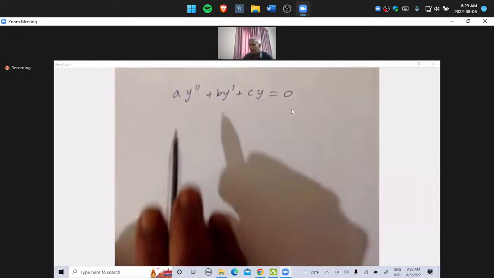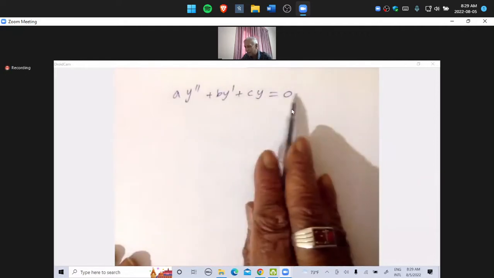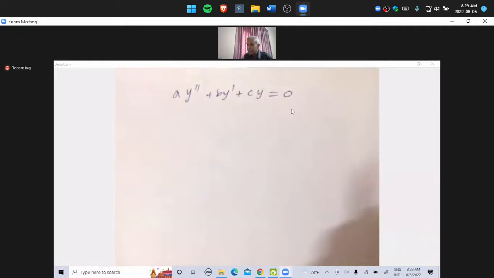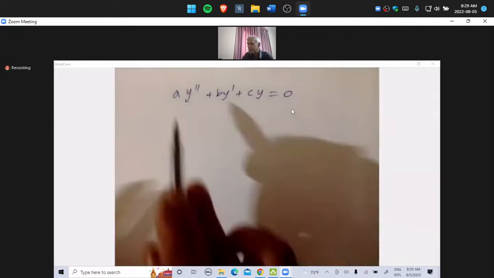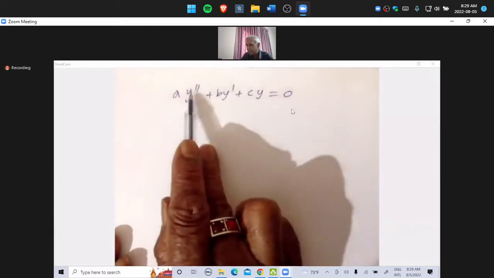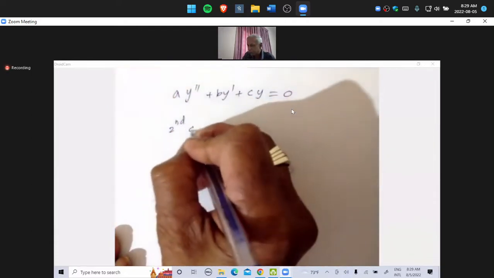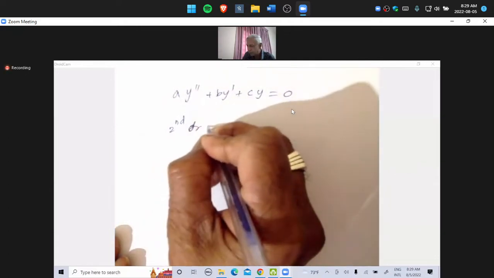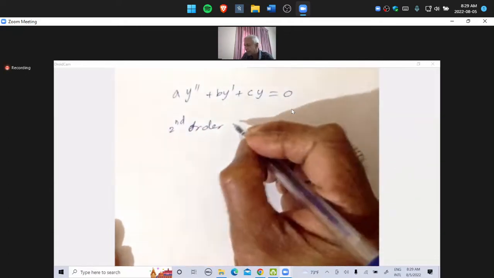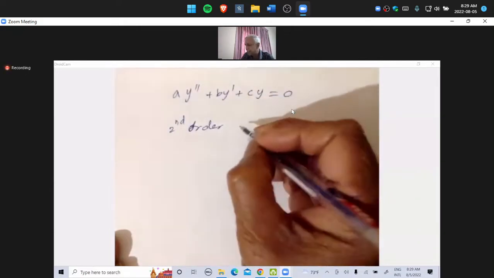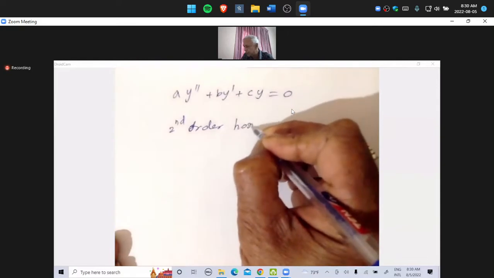How do you classify this type of equation? Second order, linear. This side is 0, therefore homogeneous.